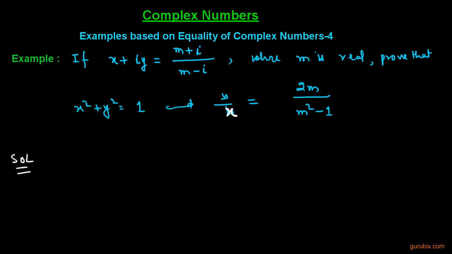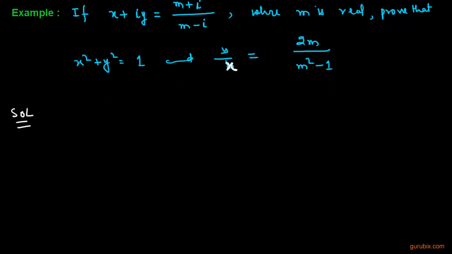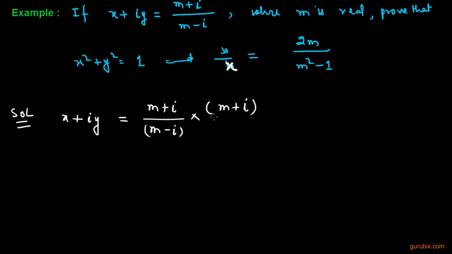First of all, we shall collect what is given to us. We are given x plus iota y is equal to m plus iota over m minus iota. Now we shall rationalize this complex number. Then we shall multiply both numerator and denominator by m plus iota.